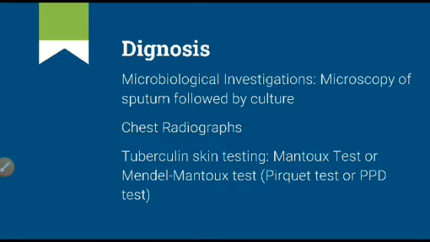Tuberculin is a TB protein or an antigen. Whenever it has been applied to the skin, at least a 6 millimeter bleb has to be formed within 48 to 72 hours, and then only it can be considered test positive.